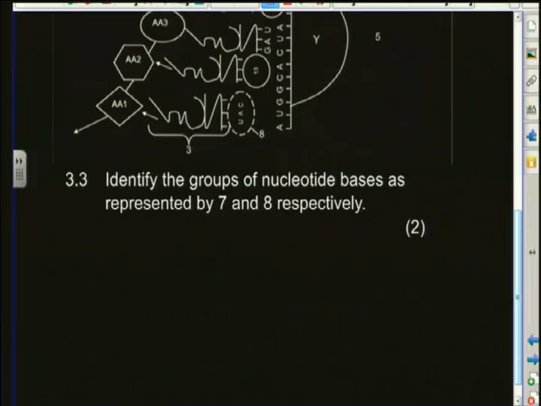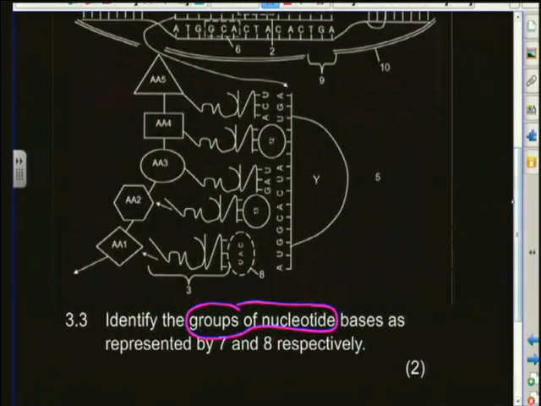Okay, next one, question number 3. Identify the groups of nucleotide bases represented by 7 and 8. All right, there are only 2 groups. Can you understand what we're looking at? Where do we group them?